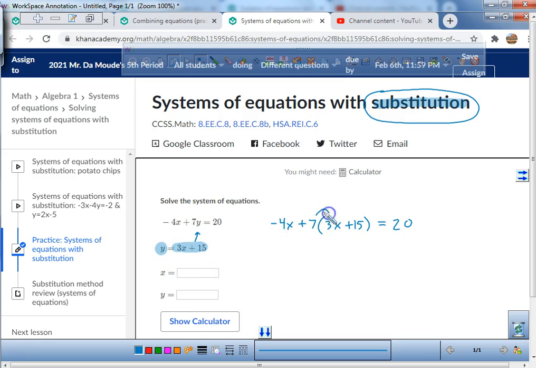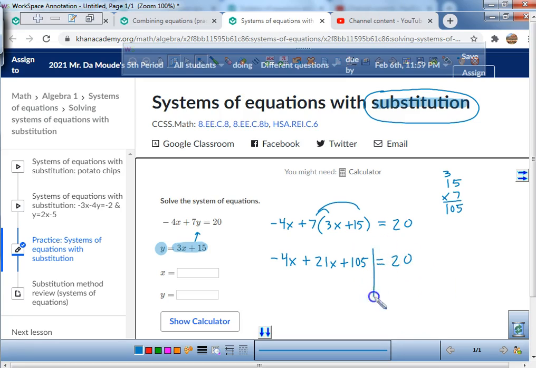Then I'm going to use the distributive property, just like that. So I get negative 4x plus 7 times 3, which is 21x. Now I have to do 7 times 15, so you could use a calculator, or you could multiply by hand. That's 105, so I'm going to put plus 105 equals 20.